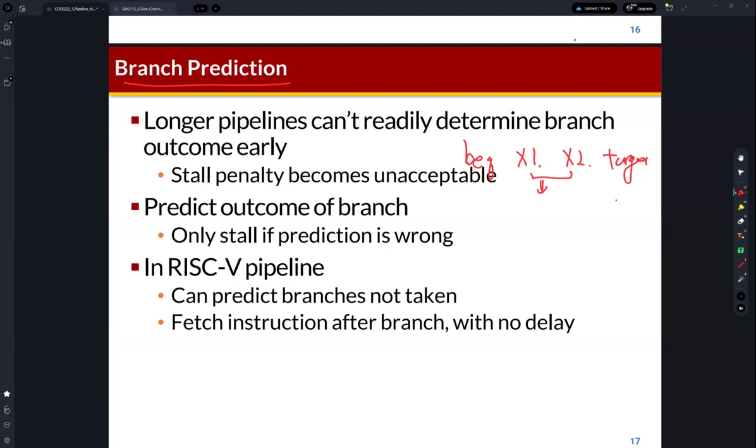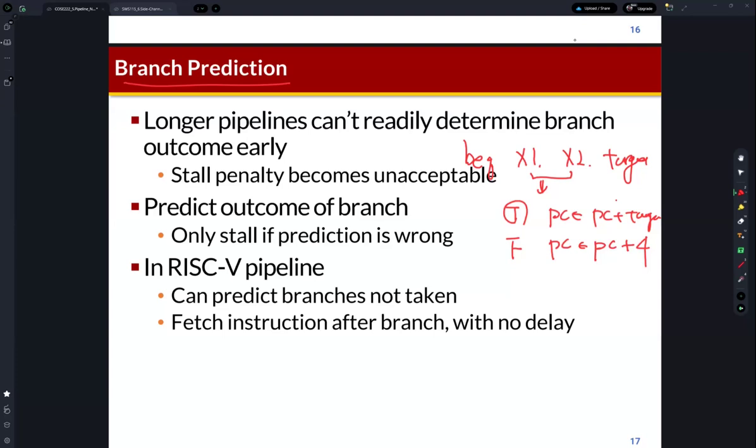If the condition is true, then it jumps to the PC plus target. And if the condition is false, then what is the PC? The PC is the PC plus 4, right? The very next instruction will be executed.